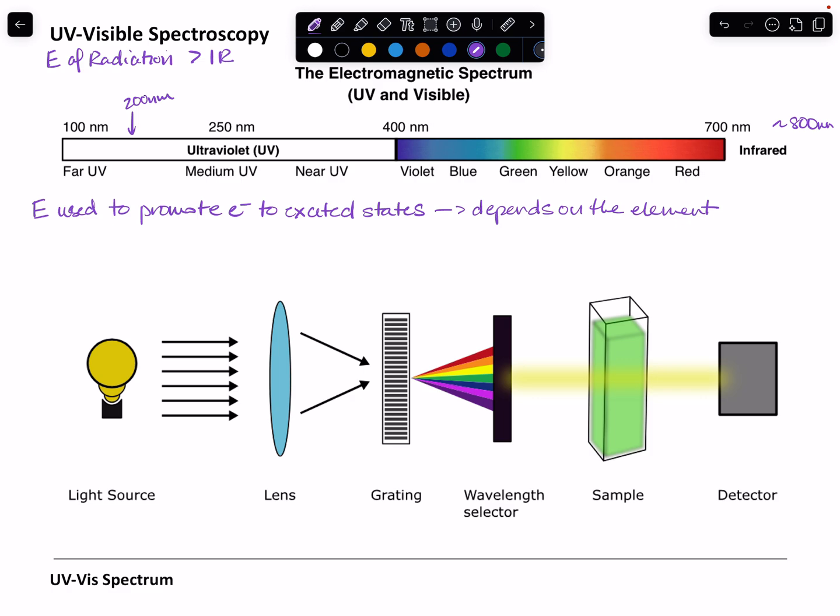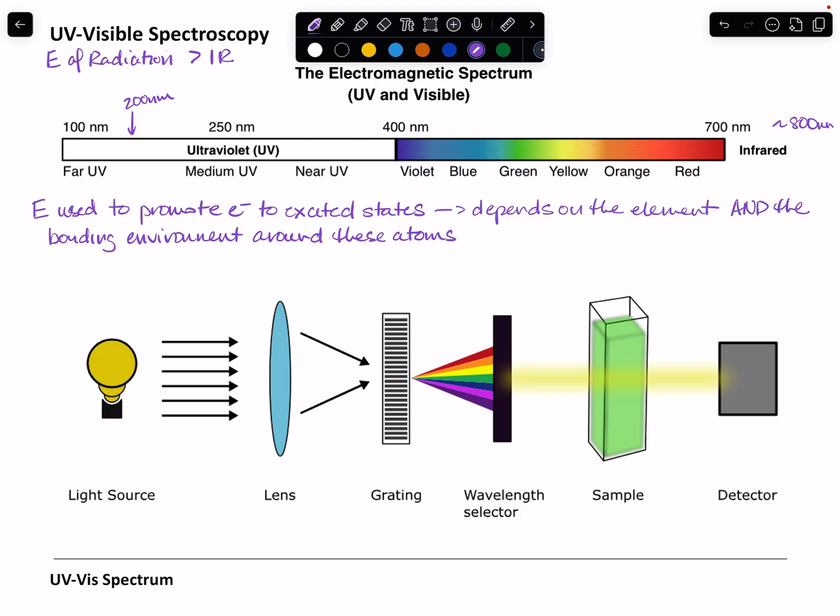In addition, it also matters what is around it, so the bonding environment around these atoms. We didn't really get too far into that when we talked about the quantum mechanical model or bonding, but it does impact some of these.